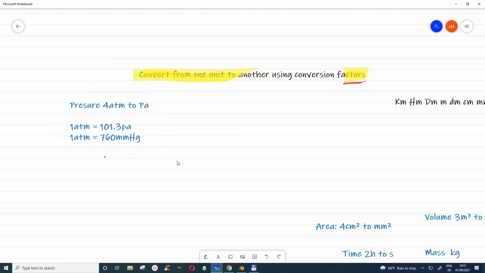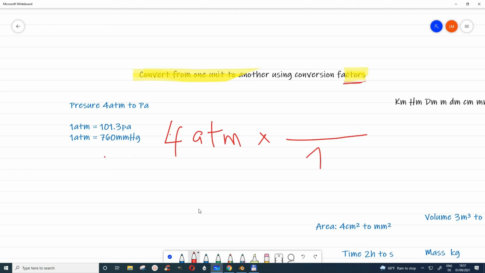In the same light, what we would do is write our 4 atmosphere, and then multiply it by our factor. We know that 1 atmosphere is equal to 101.3 Pascal.